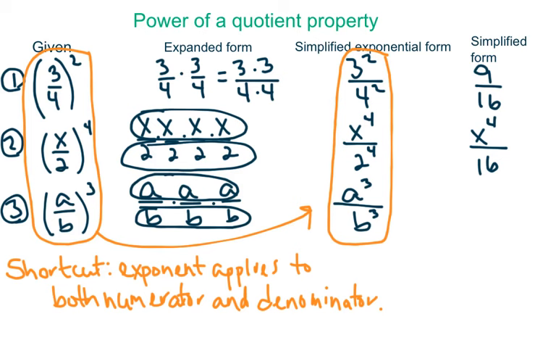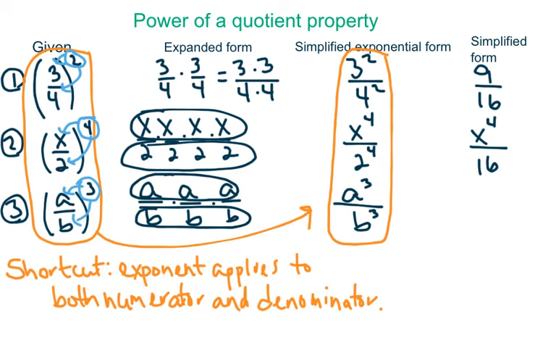So if you take a look at this first one, the exponent 2 applied to the 3 and to the 4, the exponent 4 applied to the x and the 2, and the exponent 3 applied to the a and to the b.